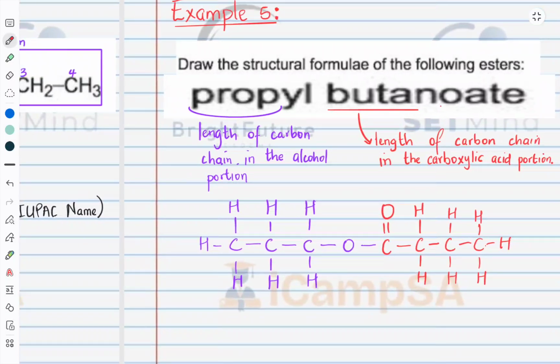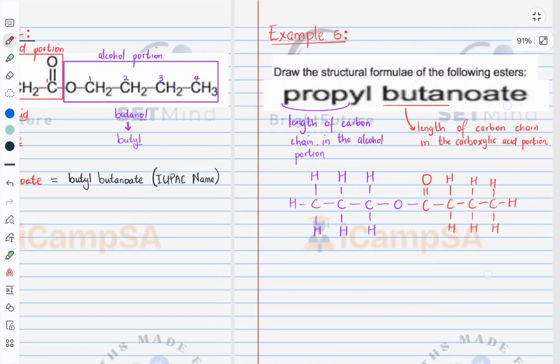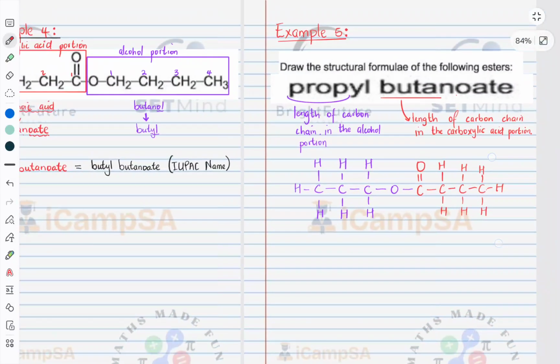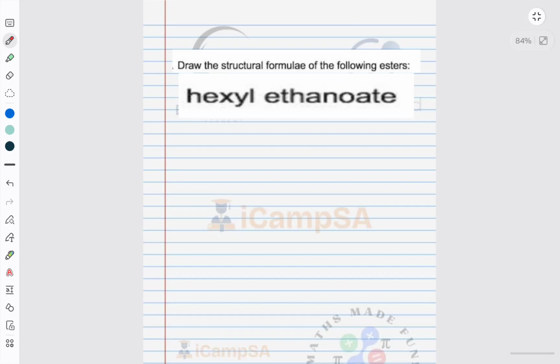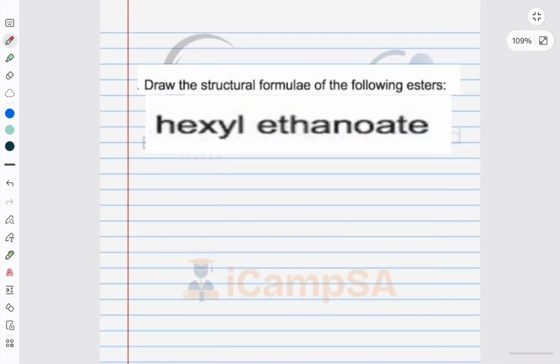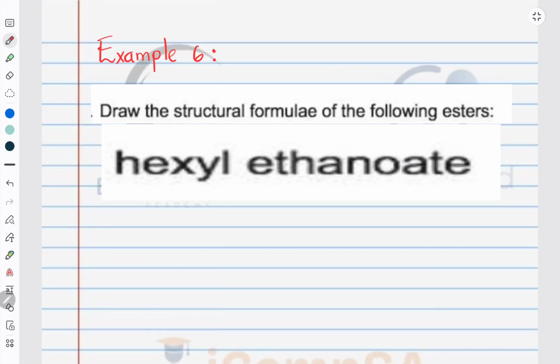All right, so this is how you would do a problem like this one. Okay, so that's all the examples, and then we have this last one. That's example number 6.